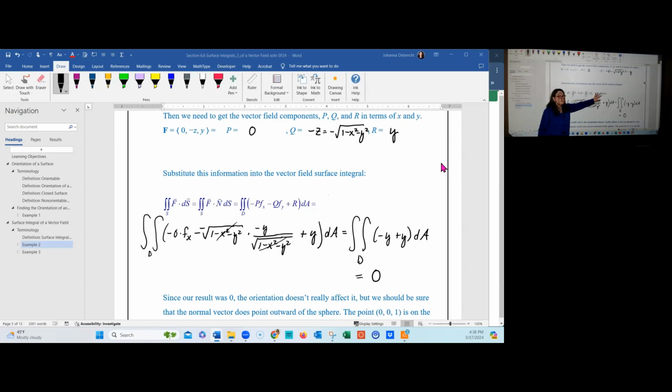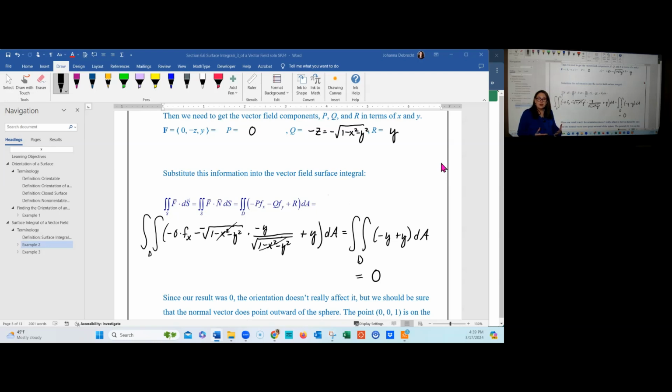Negative Q times the partial of f with respect to y being subtracted gives me two double negatives here, making it plus the radical times negative y divided by the radical. The radicals will cancel, but I've got 3 negatives, which is going to give me negative y. Then I add R. R was just y, so I get negative y plus y, but that gives me 0. In other words, the vector field gives me 0.